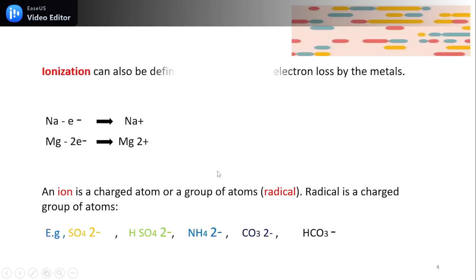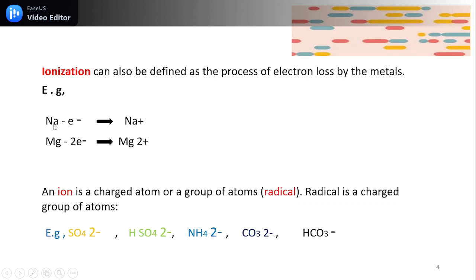It implies that when a metal loses an electron, it could also be referred to as an ionization process.